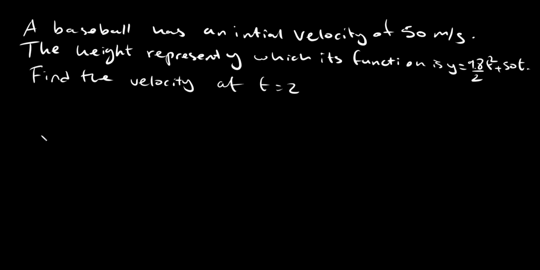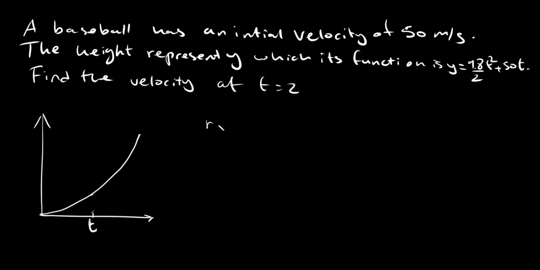So what should we do? The first thing you guys should do is try to graph it first, right? So if I try to graph it, I'm gonna have something like this. This kind of function is like a parabola, and it wants me to find the velocity at t equal to 2.